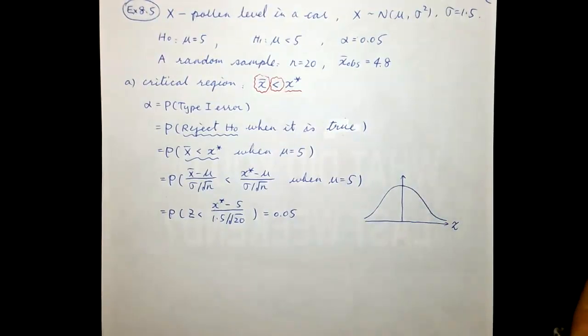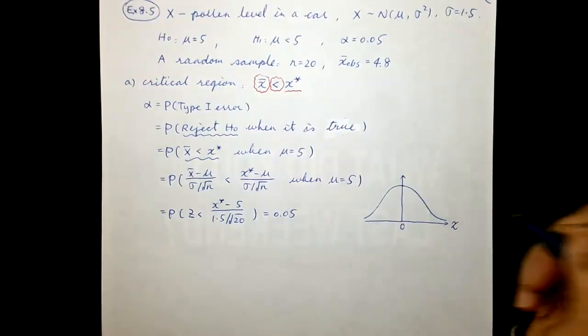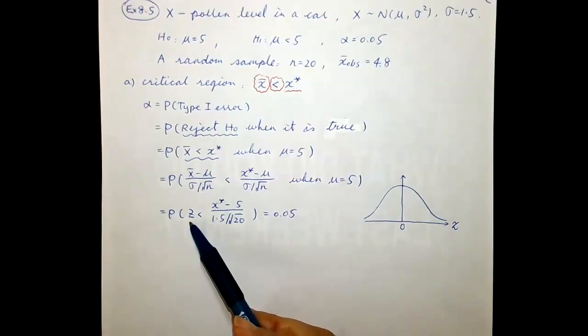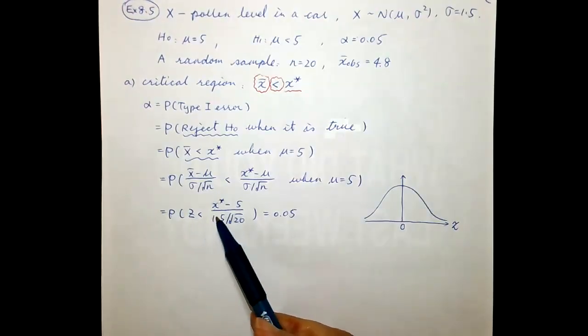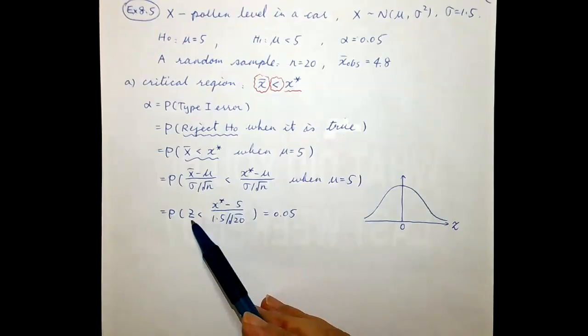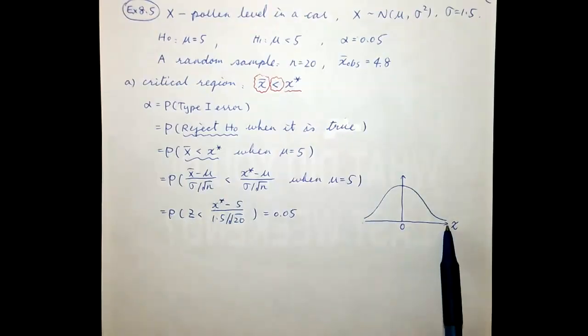Do you get a point by drawing this bell curve? No, you don't. But this is very helpful in avoiding mistakes. We have a probability that z is less than something. That means we are looking to the left of this value.